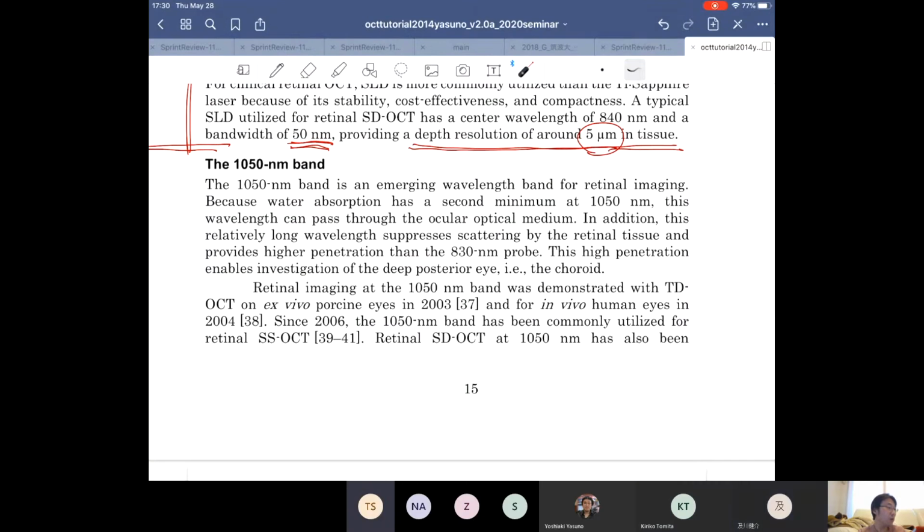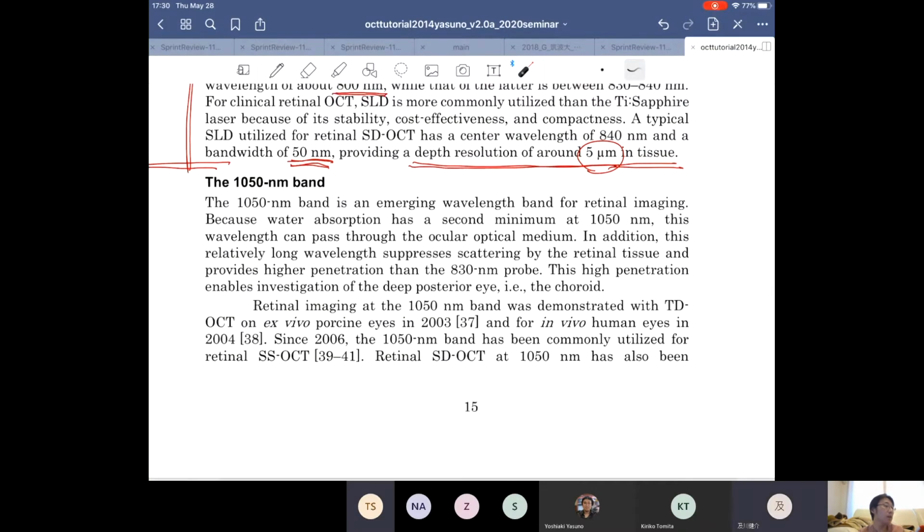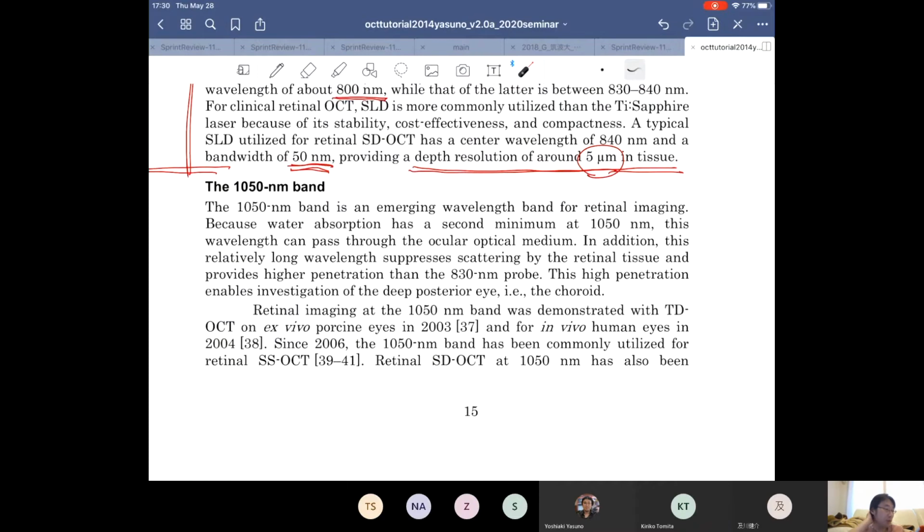The topic of today is two wavelength bands which are longer than the last time. The last time was 830. That was kind of infrared, but still our eye can see it somehow. But the two wavelength bands we study today, 1050 and 1300, are totally invisible, right? Yes. Okay, let me start from 1050.